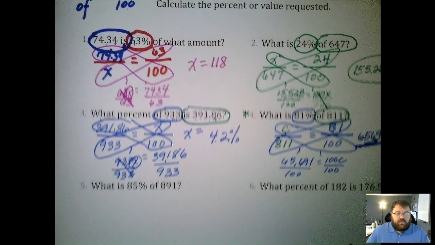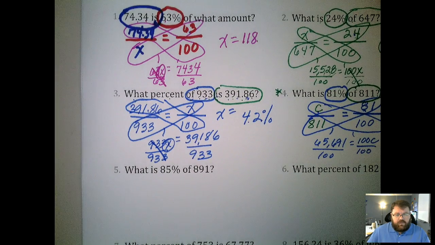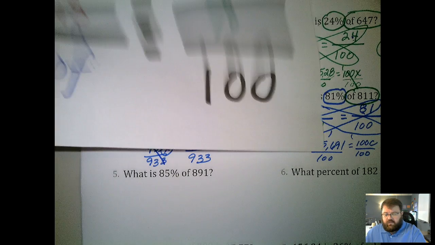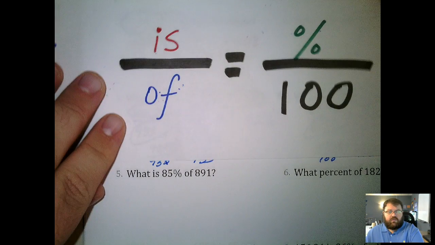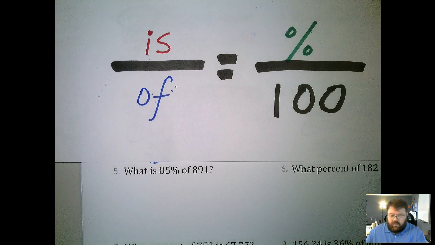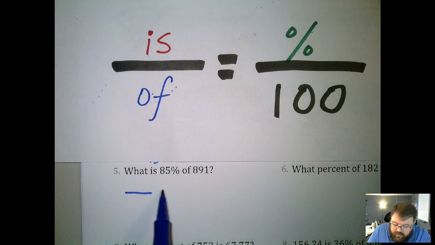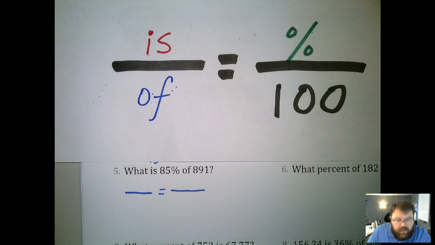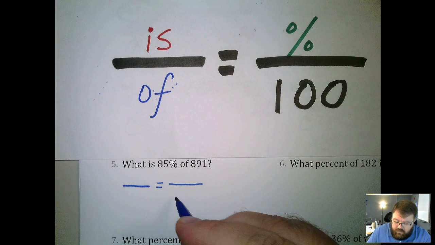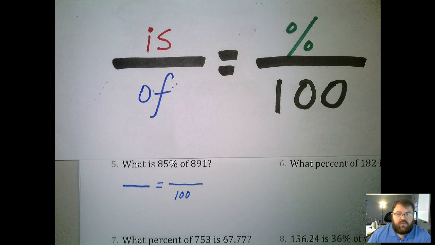Number 5. I'm going to move this here, okay, so you can still see the equation. Start off line equals line. What is your constant? Your constant is 100. Now, look for a percent.